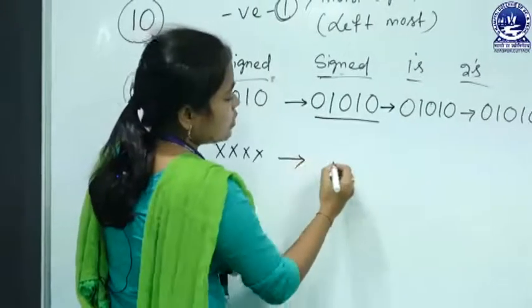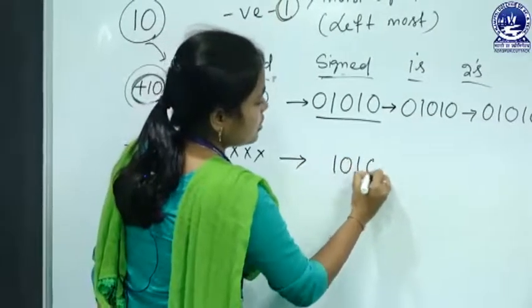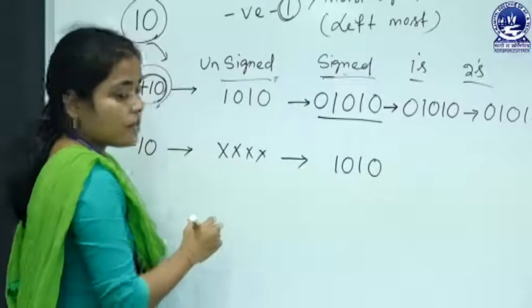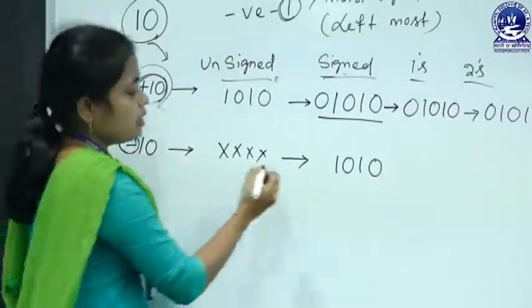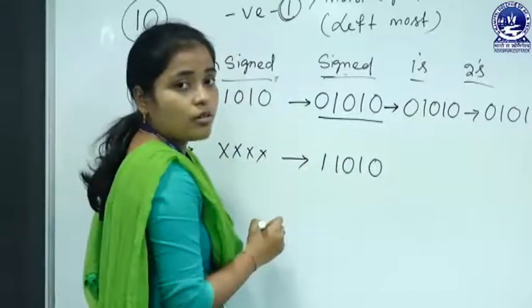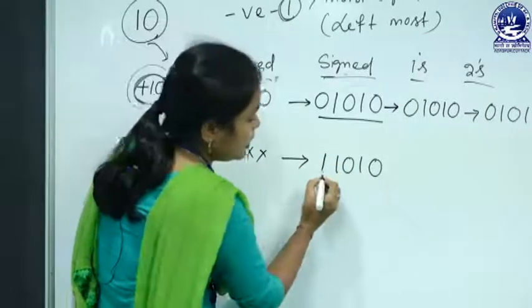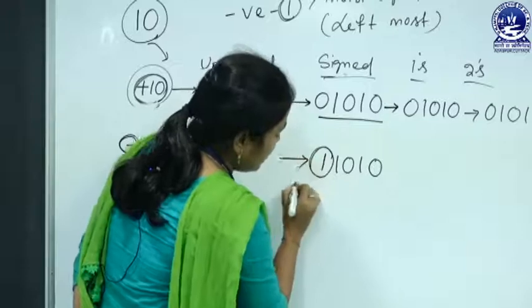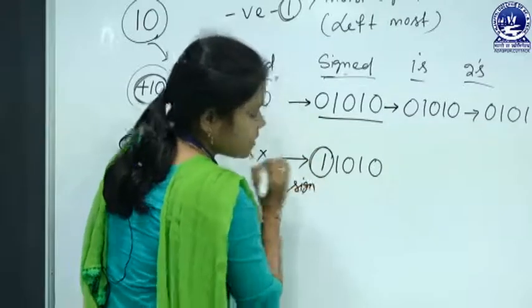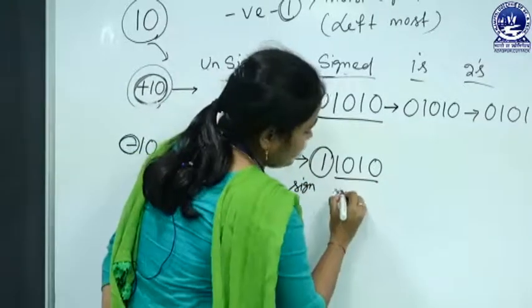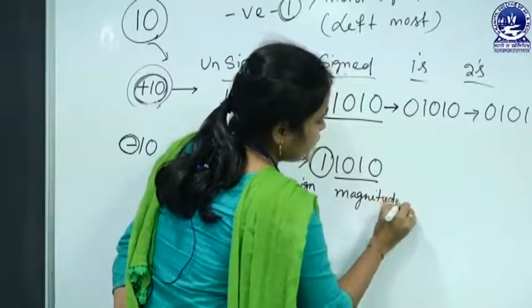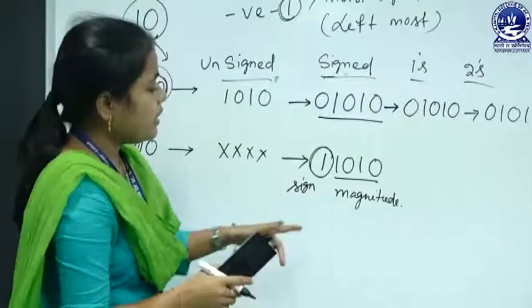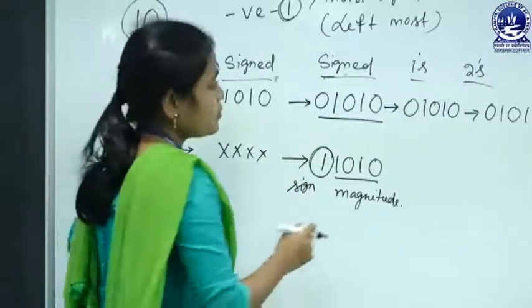As we know, the value of 10 is this much, and to represent the sign bit, we will replace it with the value 1. That means this value is our sign value and this value is our magnitude value. That's why the term contains sign and magnitude value.